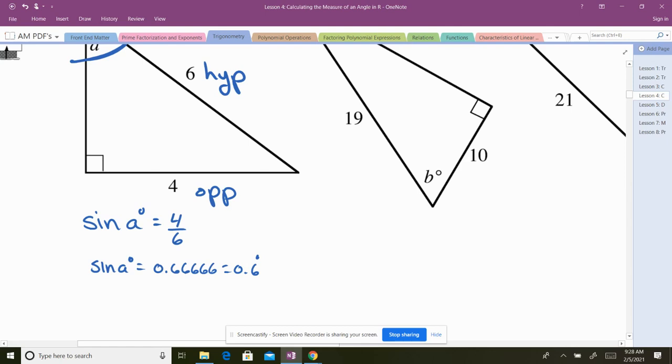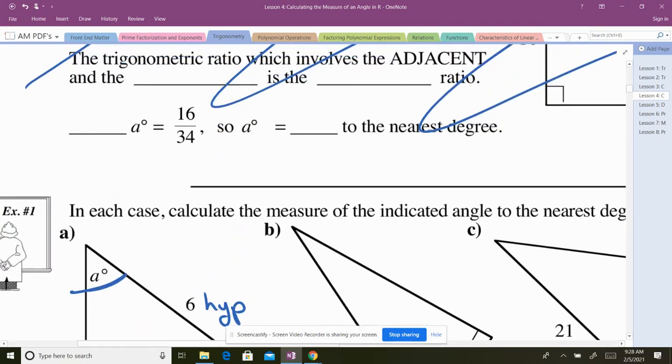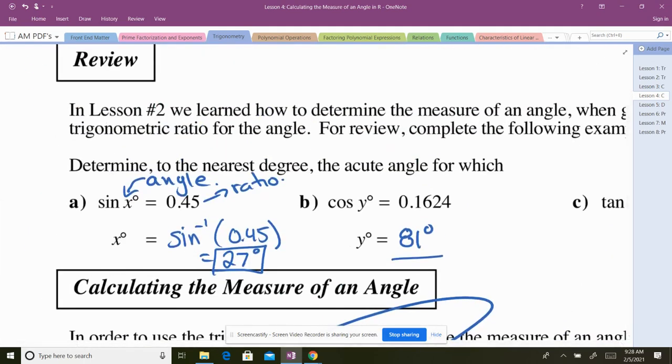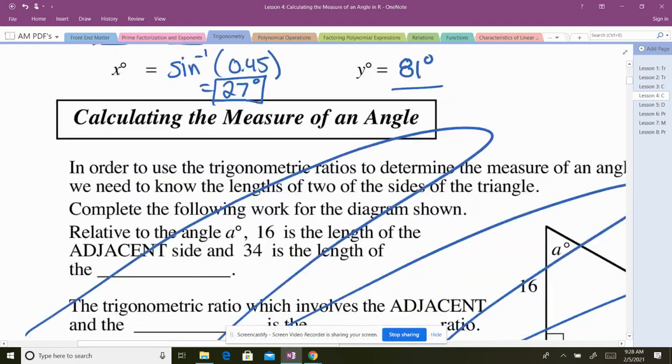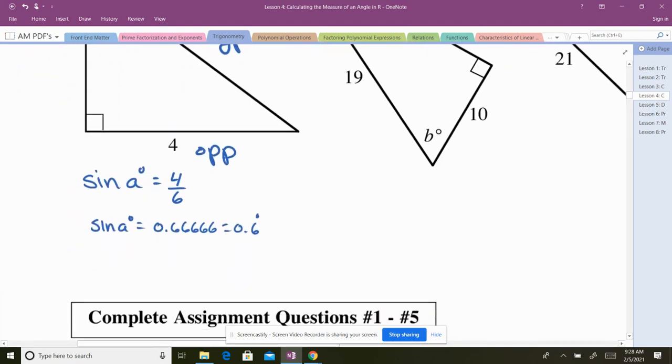What do I do? How do I solve for the angle? It now looks exactly like this question up here. We have sine of x, or A in this case, is equal to some ratio. So what do I do down here?